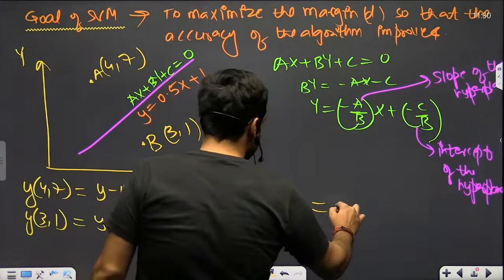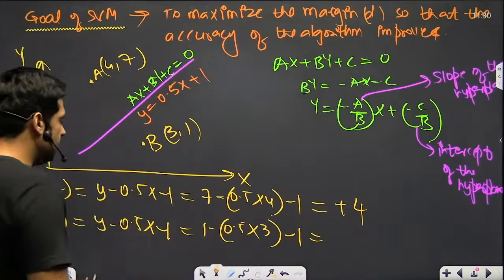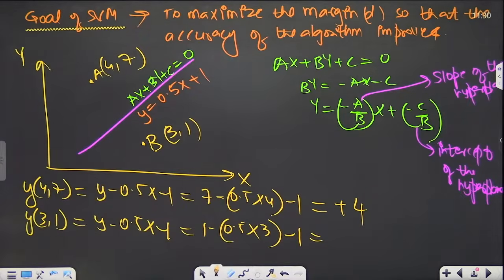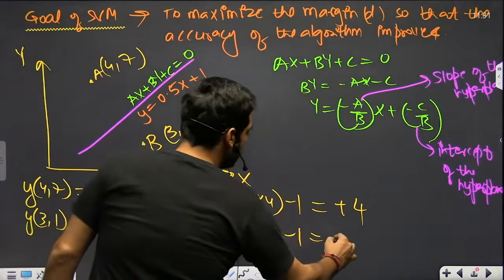So here I'll be getting positive 4, and here I would be getting negative of 1.5.